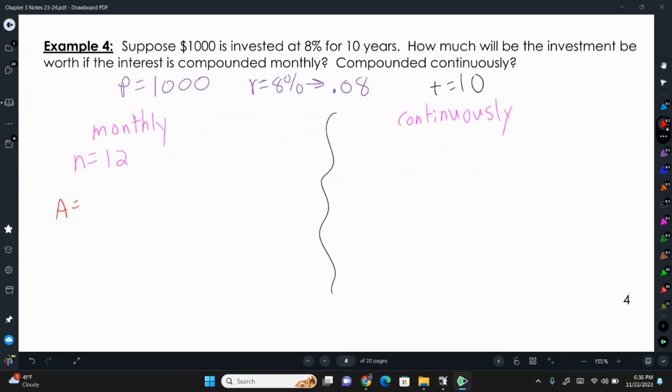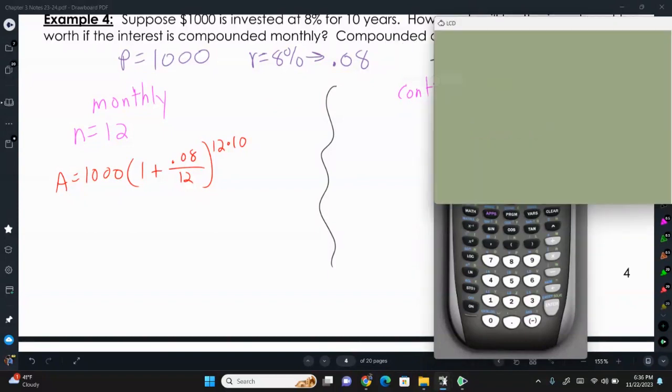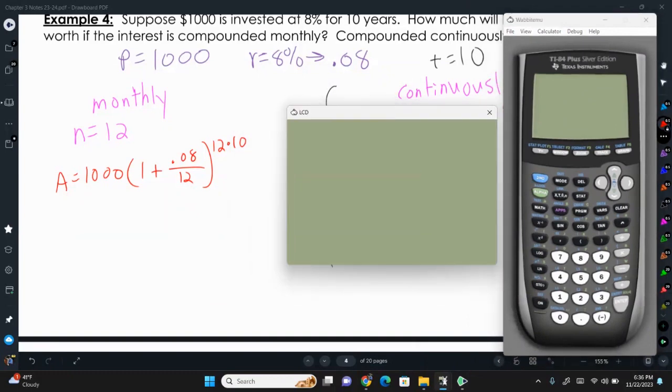So A is equal to 1,000 times (1 plus our value 0.08 over n, which is 12) raised to the n times t power. So we're going to type that all into our calculator here. So 1,000 times 1 plus 0.08 divided by 12, close the parentheses, raised to the 12 times 10 power.